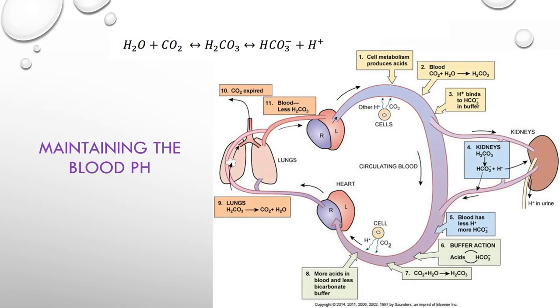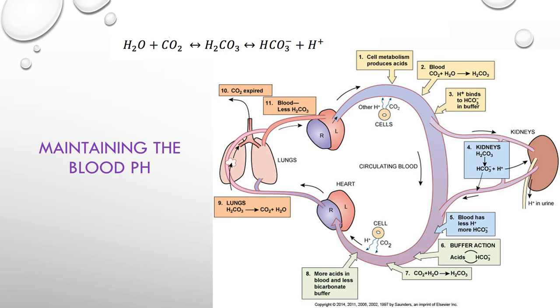What a great body we have that works like a well-oiled machine to attempt to maintain that normal, narrow pH range. There are 3 mechanisms that read blood levels of hydrogen, carbon dioxide, and bicarbonate ions and will make adjustments as necessary to compensate for an increase or decrease in these blood values.